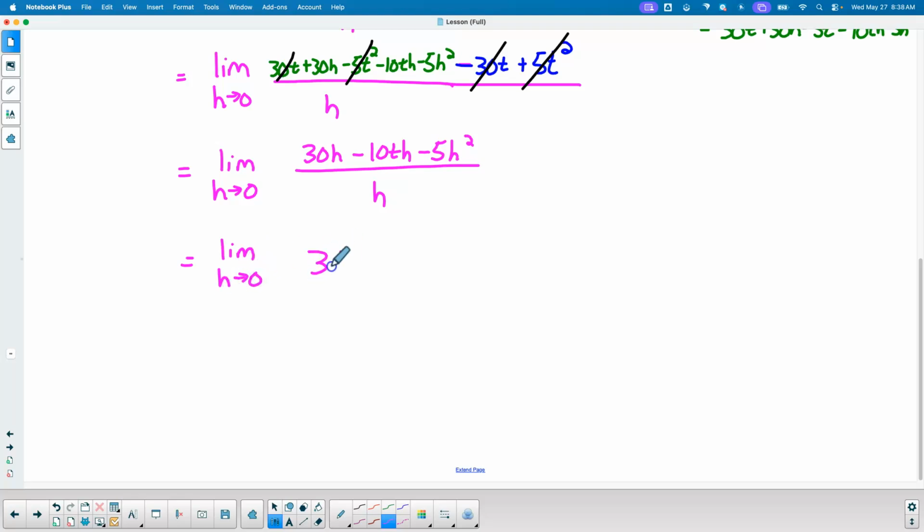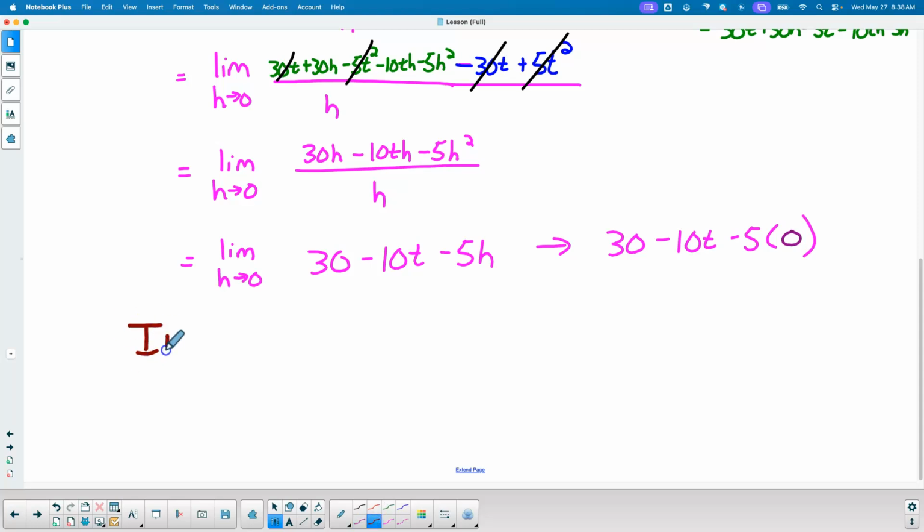So that's going to be 30 minus 10t minus 5h. Can we send h to 0 now? So my IROC function at any time t is 30 minus 10t.